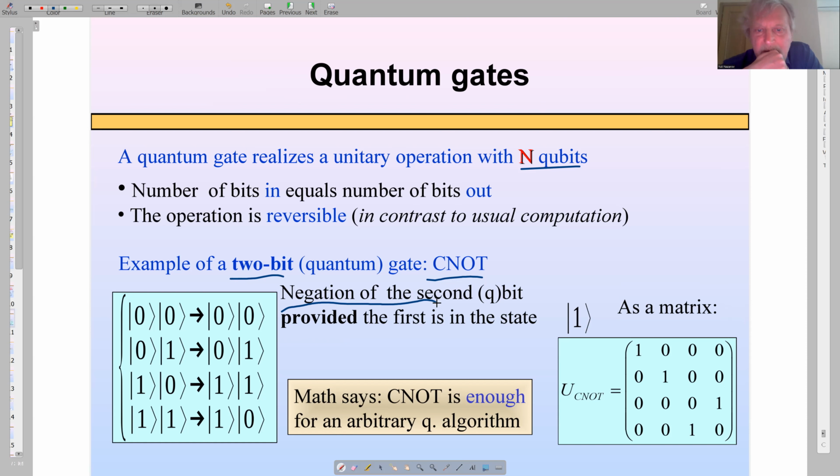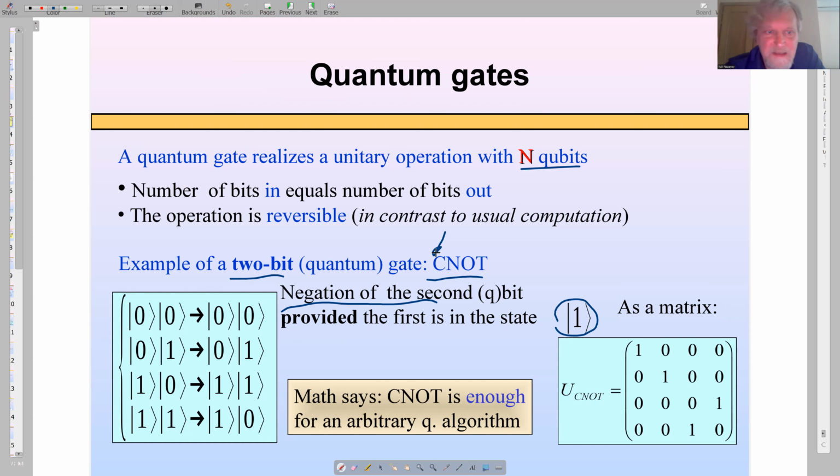But whether the state is changed depends on the state of the first qubit, the control qubit. If the control qubit is in state 1, the second qubit flips, and it doesn't flip if it is in state 0.